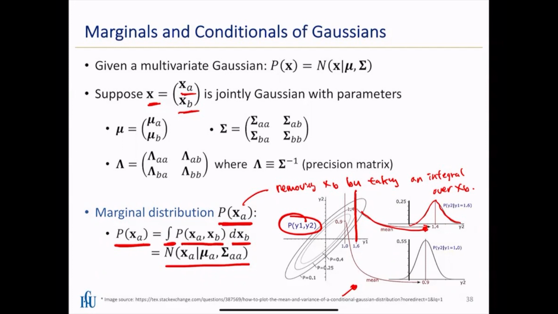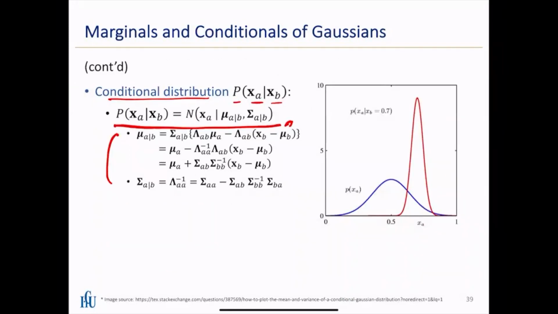So y1 is given as 1.6, and now you're looking at the distribution of y2 that is forming a Gaussian. Here, same, you made a cut at y1 equal 1.0, and then the distribution of y2 is forming another Gaussian. So whatever you do on top of Gaussian, you are still ending up with a Gaussian distribution. So you keep playing with Gaussian and exploring lots of techniques that are built on top of the Gaussian distribution.